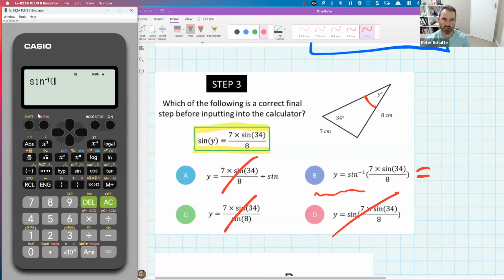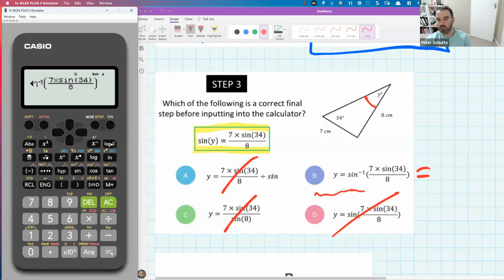So you need the inverse sine, and you need a fraction. So what do we get if we pull the trigger?